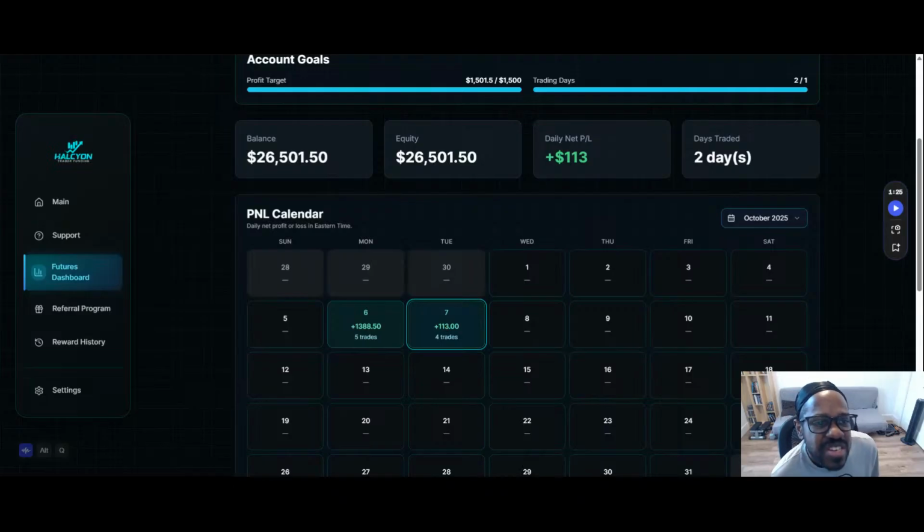You could see my trades here that I took. So I did a small scalp here. So $2, yeah, $97 here, and then $4.50, and another $9.50. So 4 wins, no losses here.